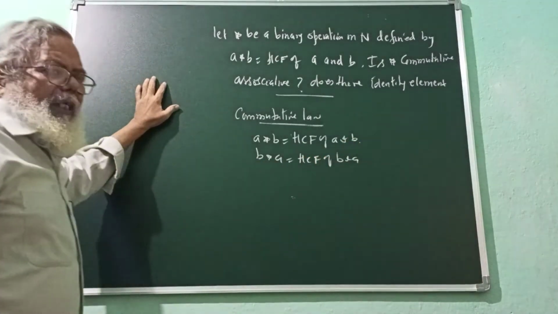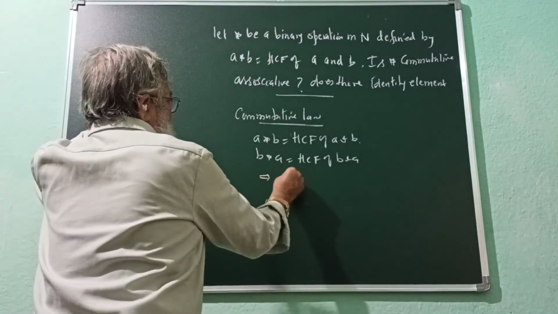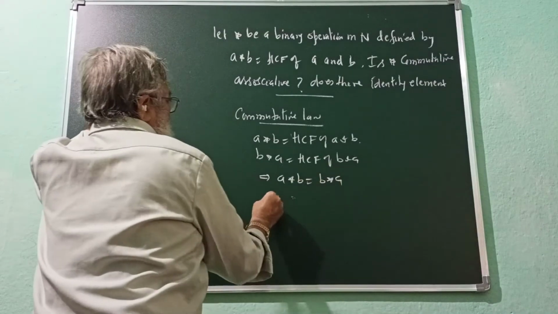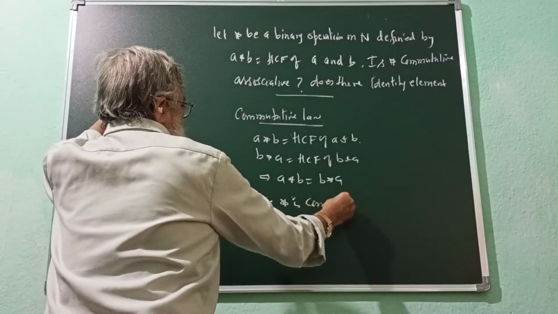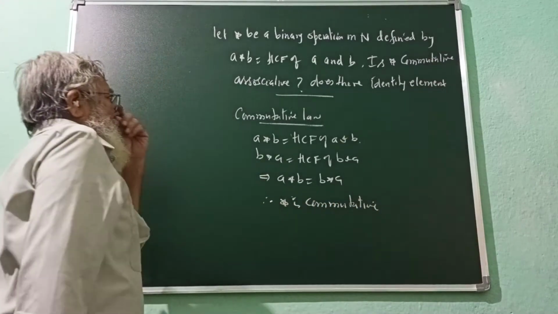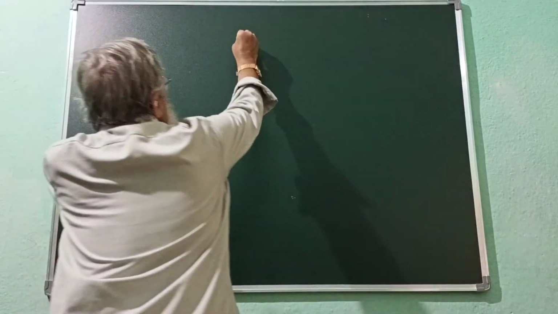HCF of A and B, and B and A, is the same number. Which means A star B is equal to B star A. Therefore, star is commutative. Associative law.